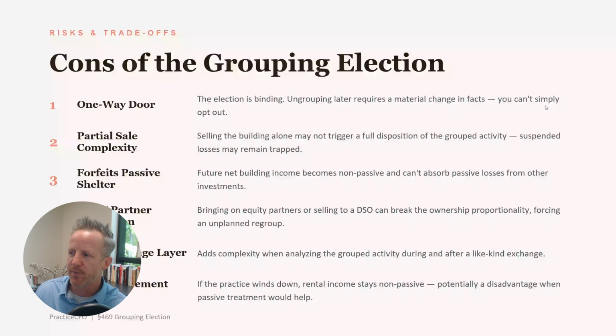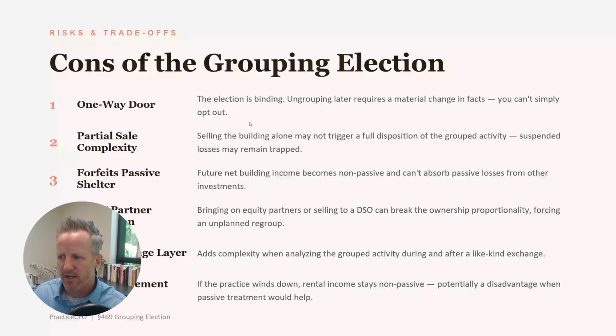So the bottom line here is when you have a partial sale and you only sell the building, and that building is going to create some income, if you have losses, maybe losses from your S corporation, you may not be able to combine those two.